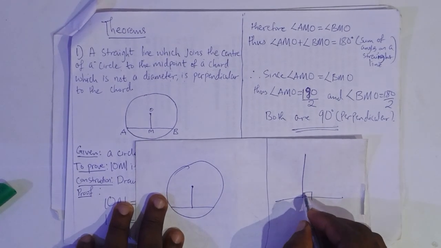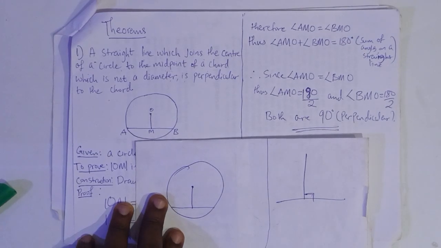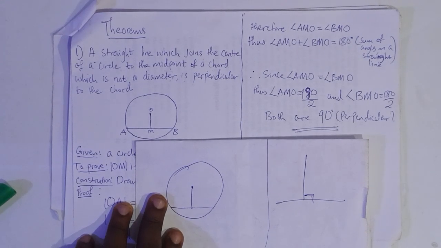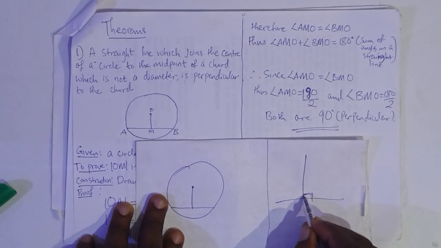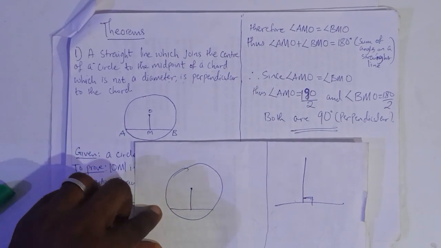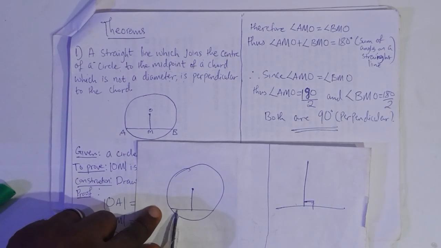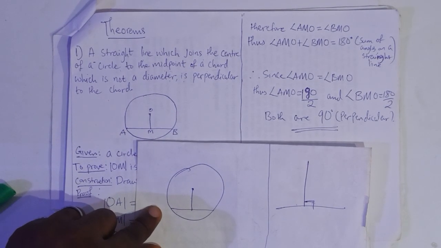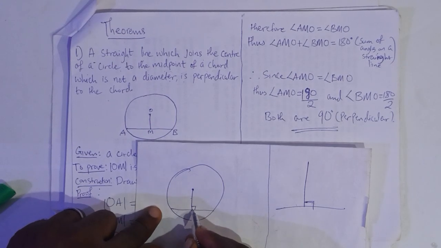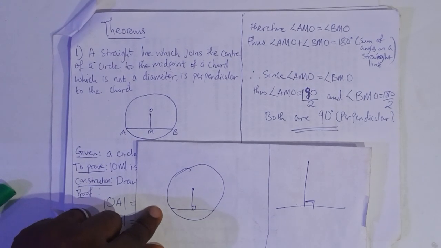It forms an angle 90 degrees, which is popularly called the right angle, okay? So whenever you use your protractor and you measure this angle, it's going to give you exactly 90 degrees. So it's telling you that this straight line that runs from the center till it touches the midpoint of this chord must always be 90 degrees when you measure this particular angle here.